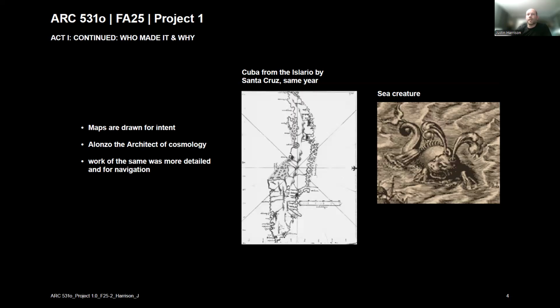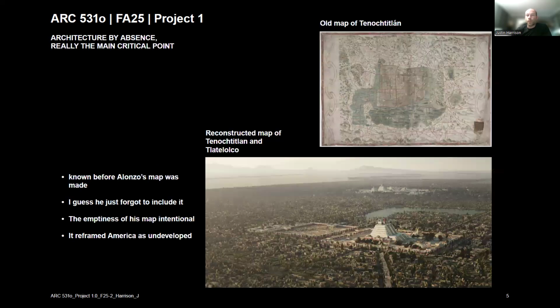But its most important feature is what it refuses to show. This is an old map of Tenochtitlan at the top, and its sister city to the north at the bottom. It's a reconstruction of what it would probably look like today. But by the time the 1542 map was created, Spain had already heard of these places from Cortés, describing them as rivaling Venice.